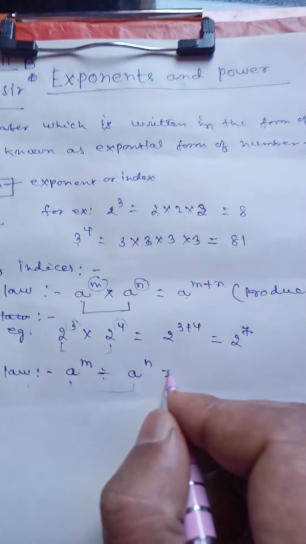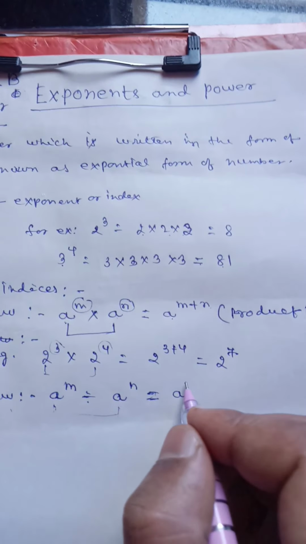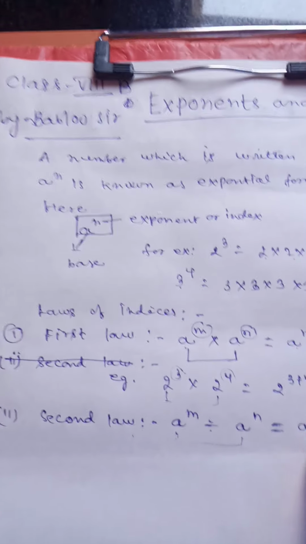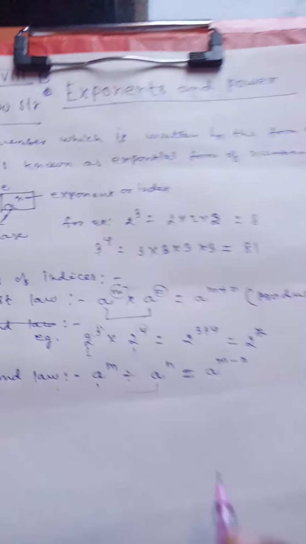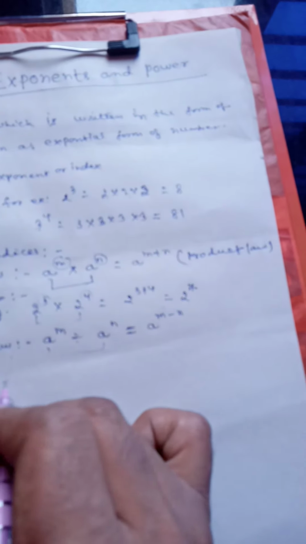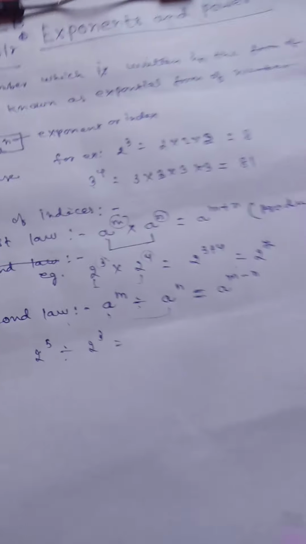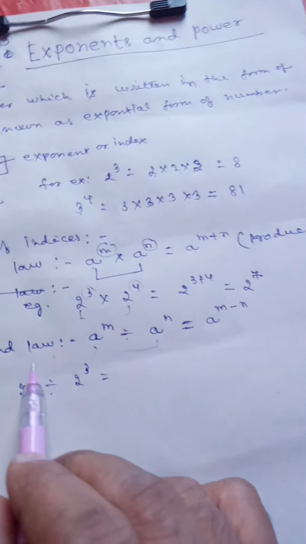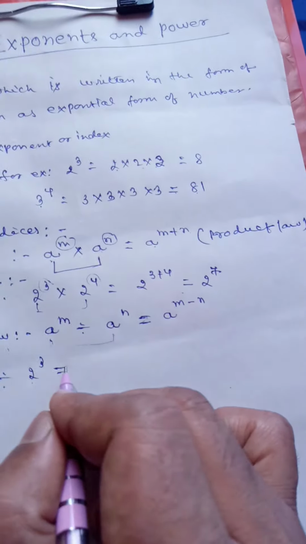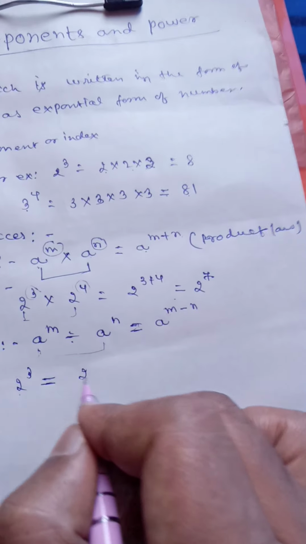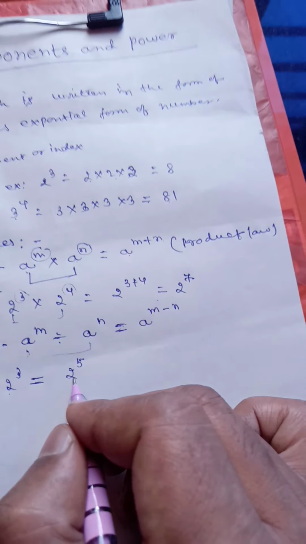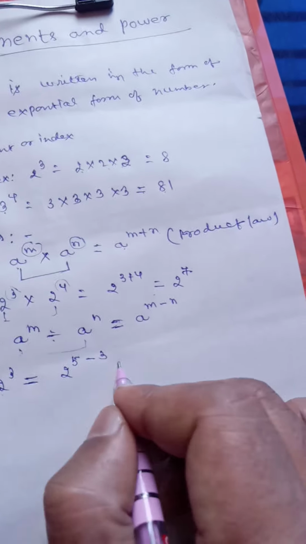So you write a raised to power m minus n, in subtractive form. For example, 2 raised to power 5 divided by 2 raised to power 3. As you know that the bases are equal but the exponents are different, you write this number as 2 raised to power 5 minus 3, which is equal to 2 raised to power 2.